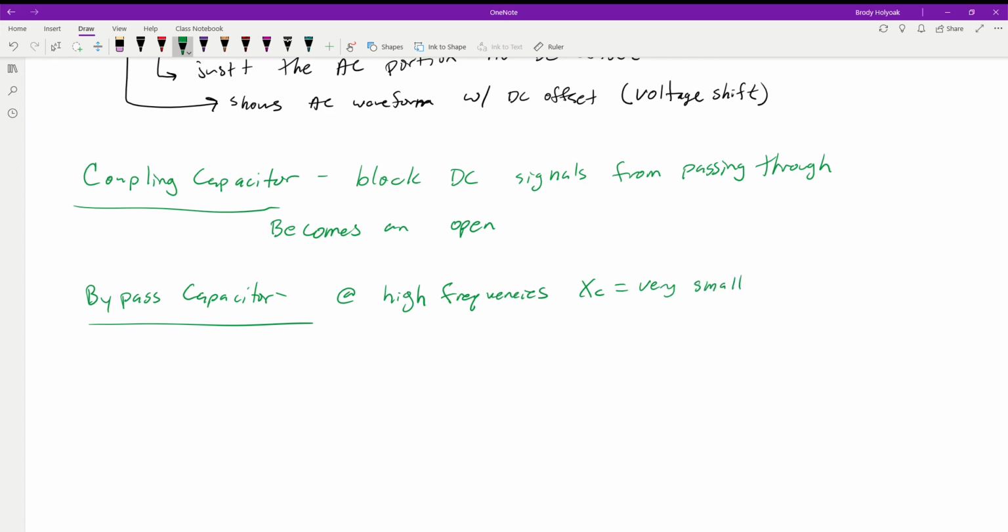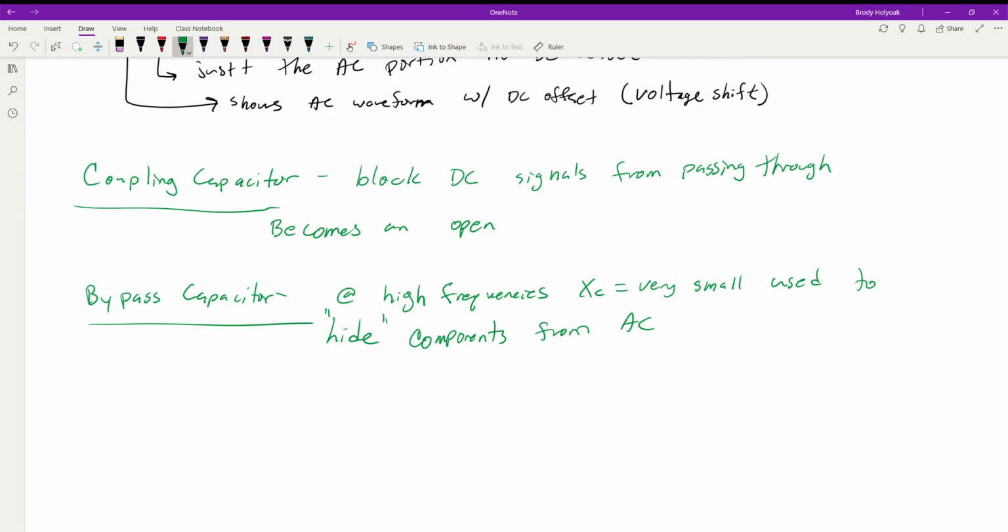So what we do is put this in parallel with a component to basically hide that component from AC signals, because the signal is going to take the path of least resistance. So it's used to hide components from AC signals. Kind of like with the coupling capacitor, it hides anything past it from the DC. The DC doesn't even know it's there.